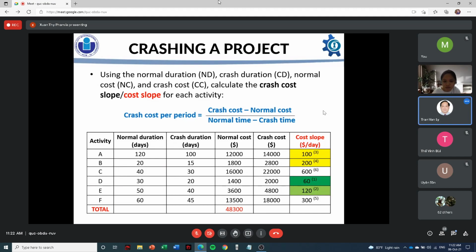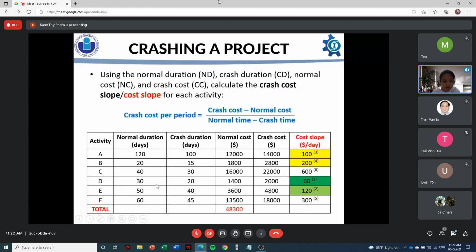Okay, how to estimate the duration. The second is to rank activities with the least cost for crashing. You can see we highlight in yellow, green. Okay, step by step like that. Okay, thank you.